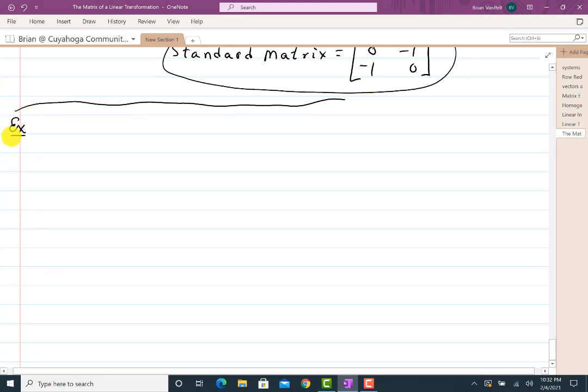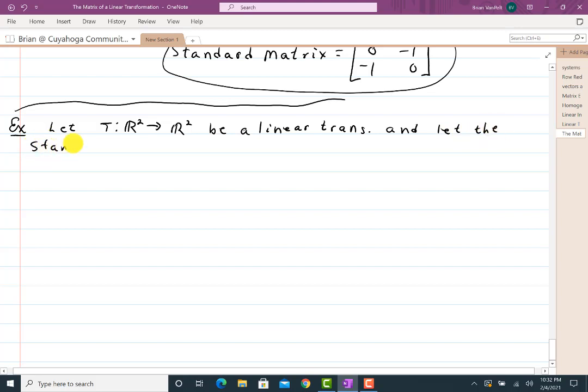Another example. Let T from R2 into R2 be a linear transformation. And let the standard matrix have columns, so let's just call them A1 and A2.